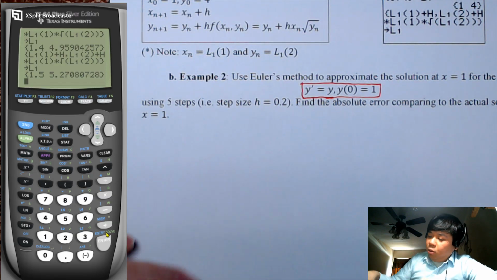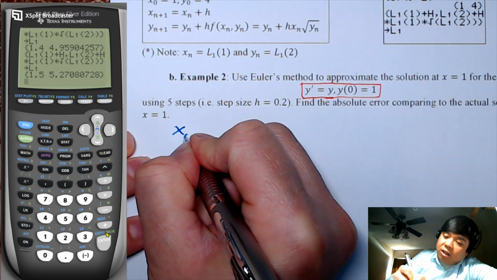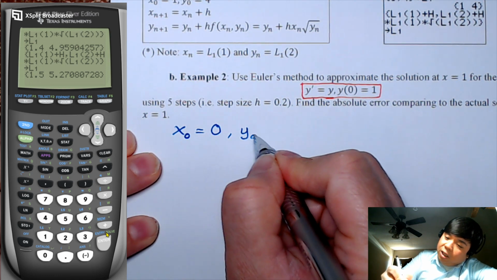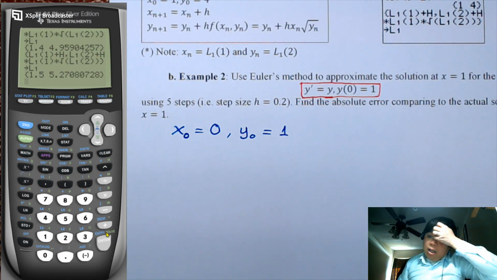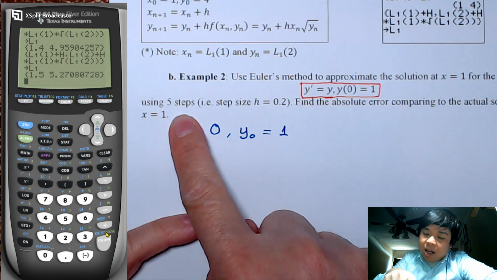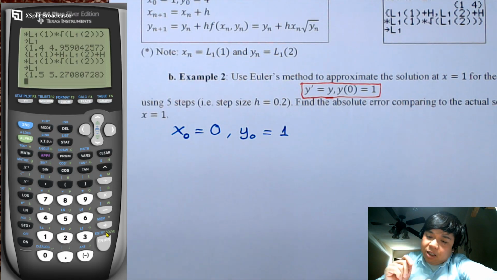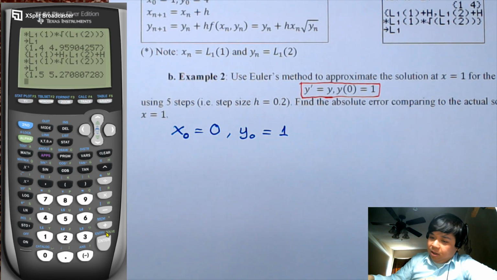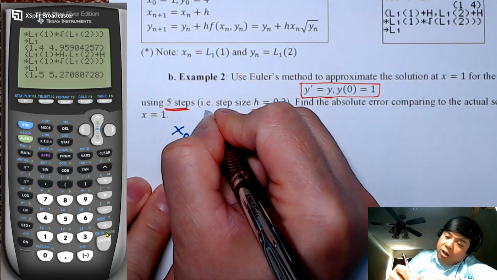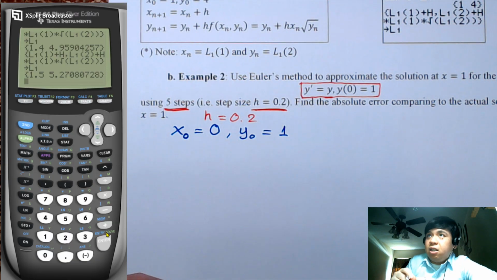So from that, in pseudocode, x naught is equal to 0 and y naught is equal to 1, going from 0 to 1, using 5 steps. Find the absolute error compared to, okay, worry about that later. With 5 steps, each step size is 0.2, so h is equal to 0.2, with the initial condition like that.